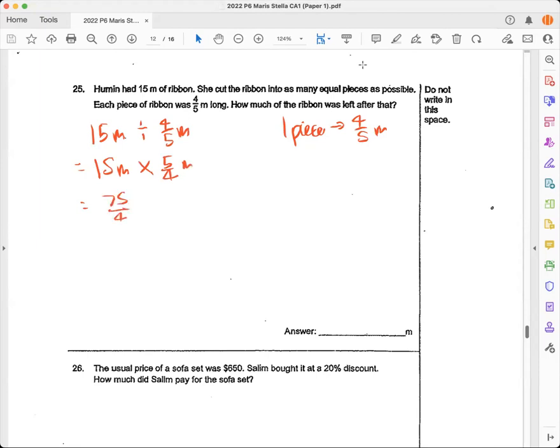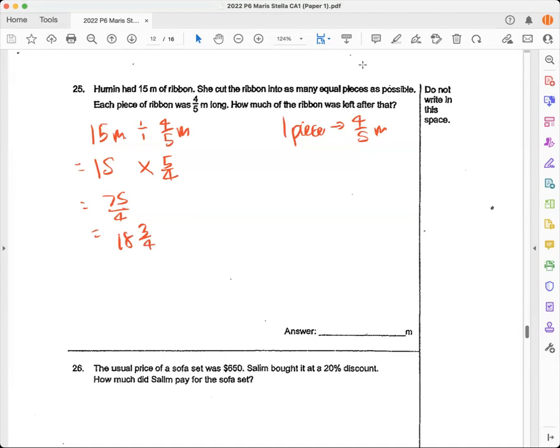So 15 times 5, 75. And then we can remove the meter sign, because meter divided by meter is nothing left. Now, if you continue, you get 18 3/4.